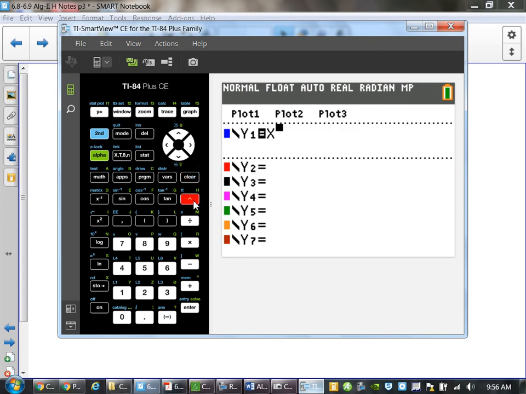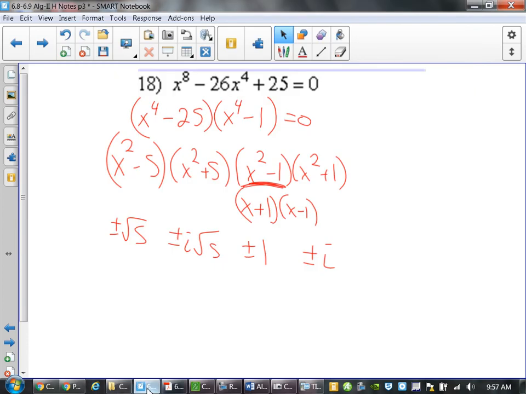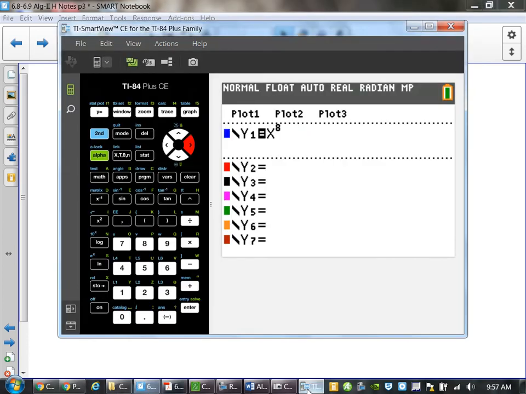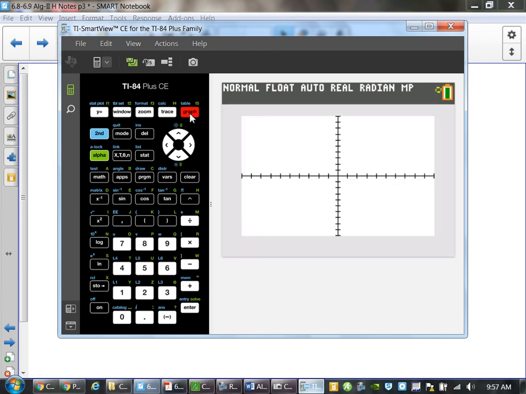X to the 8th, minus 26, plus 25. You're getting 4 zeros, but only 2 of them are going to be numbers that are calculatable.